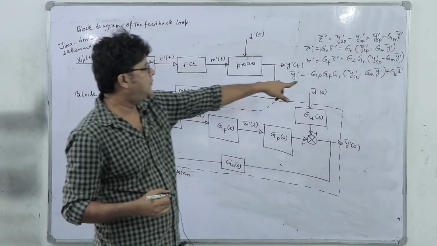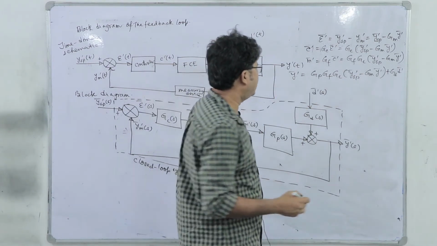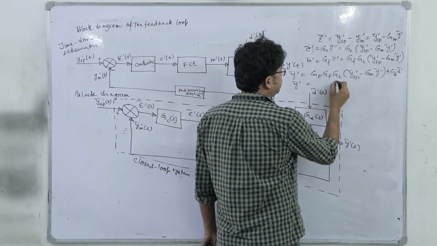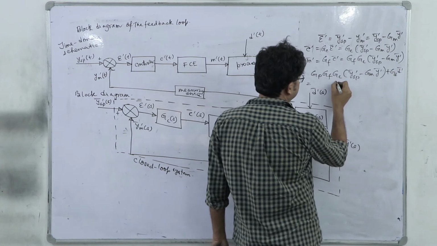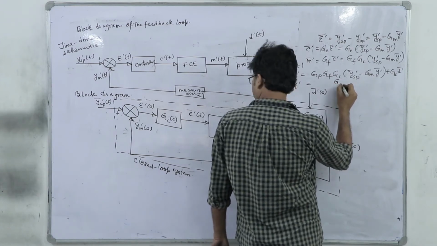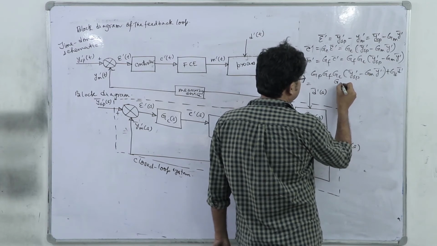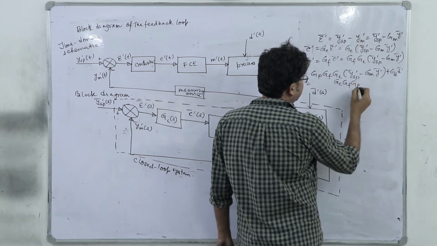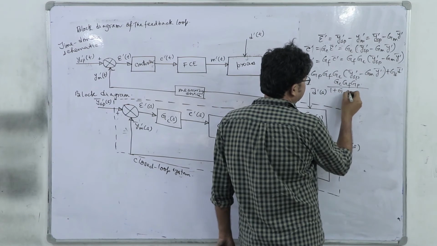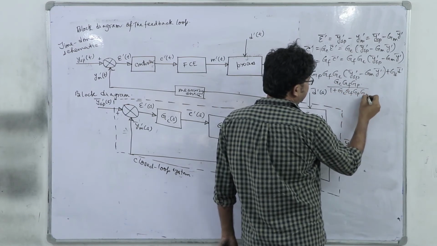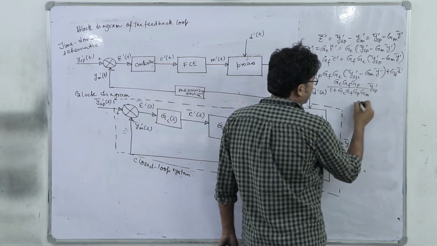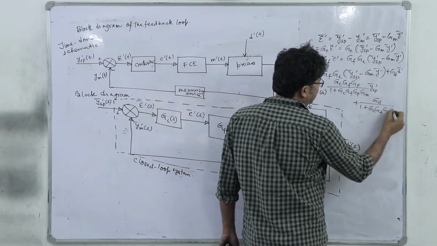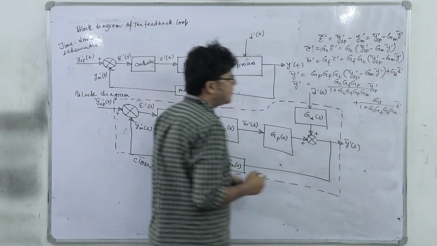So from here, if we shift this y prime bar to this side, we will get y prime bar is equal to Gc into Gf into Gp divided by 1 plus Gc Gf Gp Gm into ysp prime bar plus Gd divided by 1 plus Gc Gf Gp Gm into d prime bar, right.